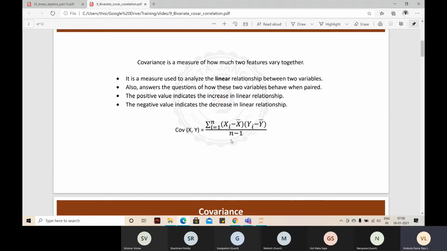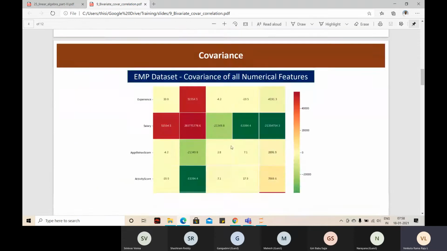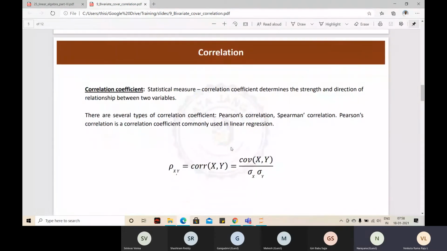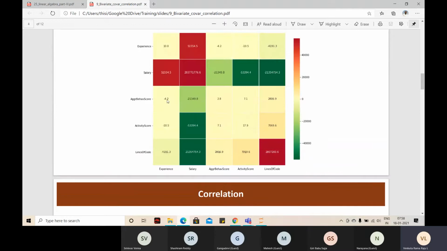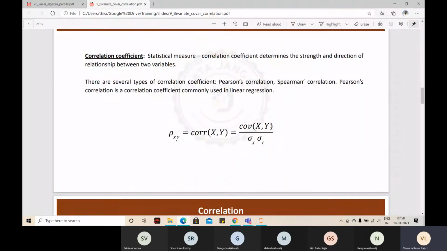The correlation is covariance divided by the standard deviation of x and the standard deviation of y. So it's a standardized value. Covariance may vary from minus infinity to plus infinity, but correlation is between -1 and +1.